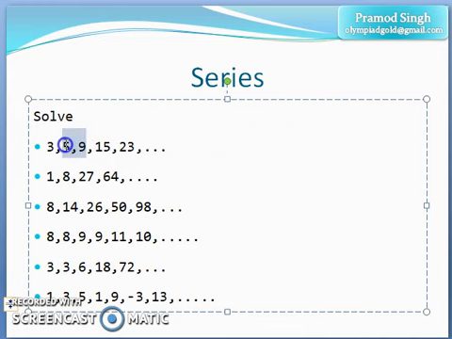Here it is 4. Here it is 6. So the difference goes like 2, 4, 6, then 8. This again is an increasing series, arithmetic series. So the next is 10.